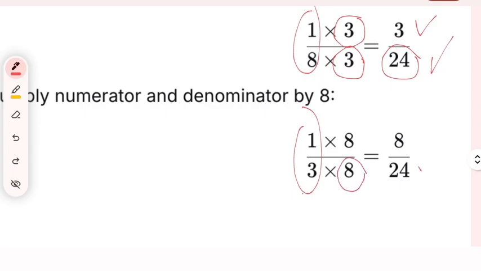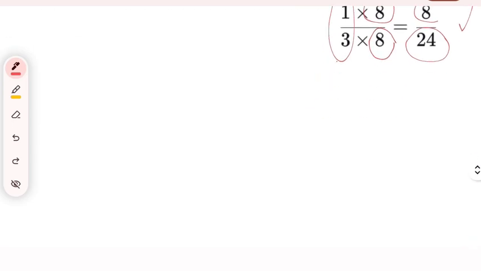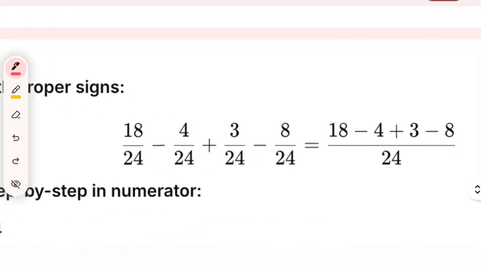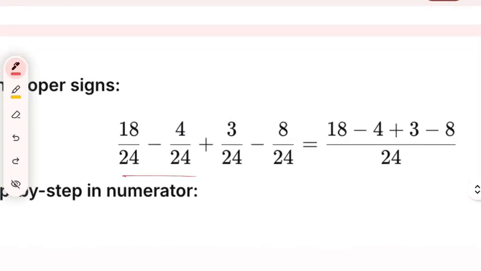So 3 times 8 is 24. We also multiply the numerator by 8, 8 times 1, that will be 8. So the fourth fraction is now 8 over 24. Now we have 4 like fractions.